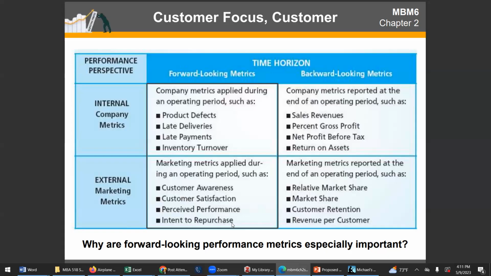So remember, we were talking last lecture about how most of our profitability as a business is related to our ability to retain loyal customers.